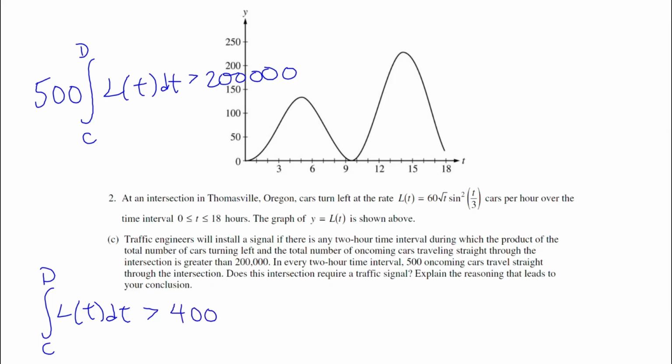So we are looking for, is there ever a time interval on which this is more than 400? And so, you know, we could just kind of make some guesses here as to what works, just kind of by looking at our highest values up here, right?